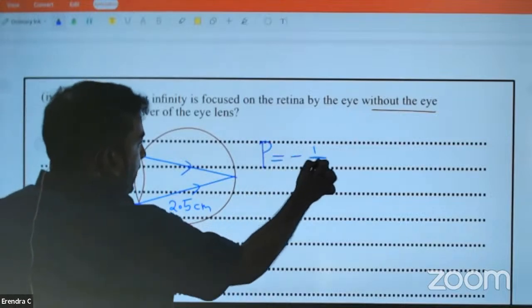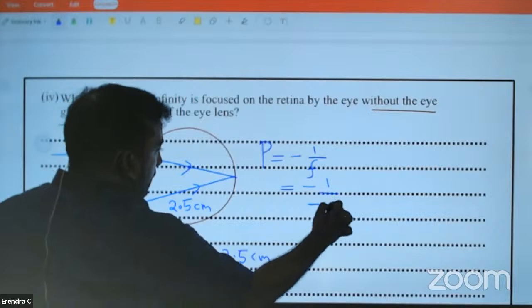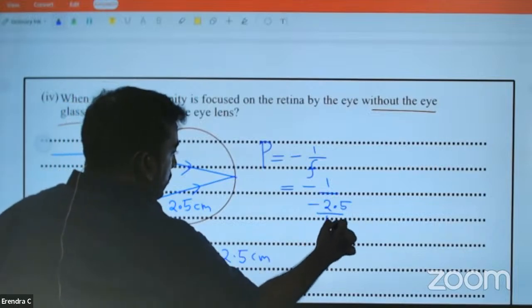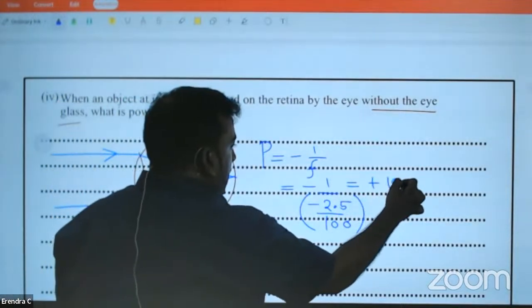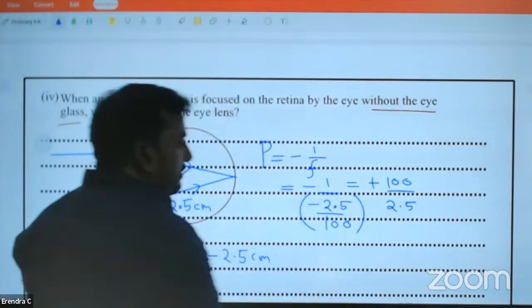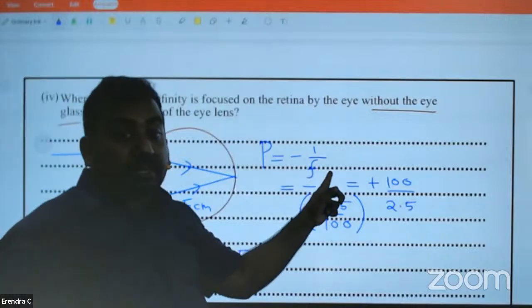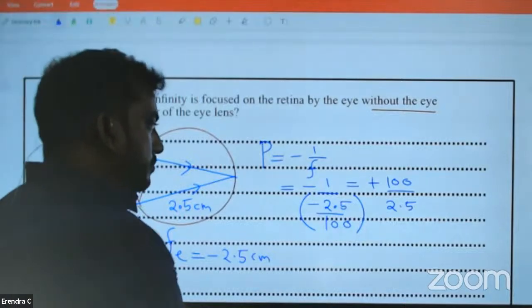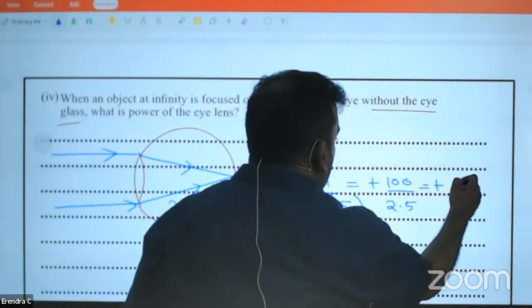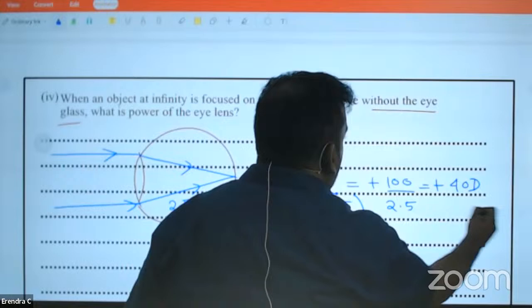Power is equal to minus 1 over F, minus 2.5. Please substitute in meters. Minus minus plus 100 divided by 2.5, because you must put this in meters. Meters only will make this what? Diopters. 1000 divided by 25 will give you 40 diopter.